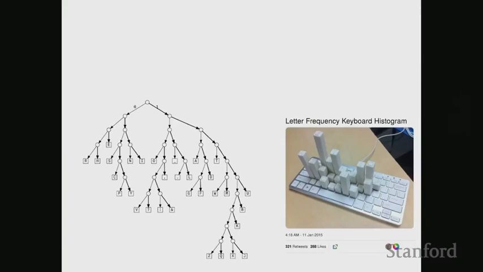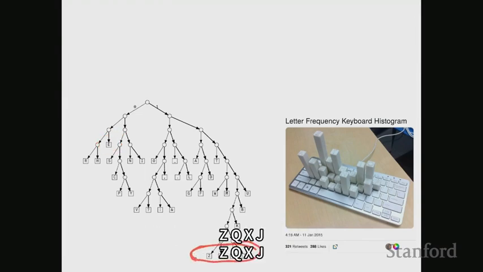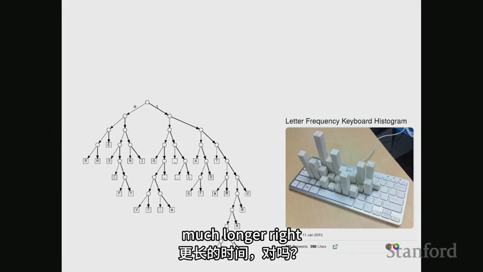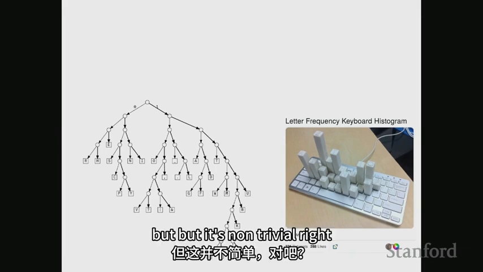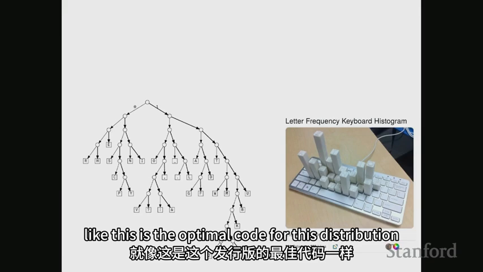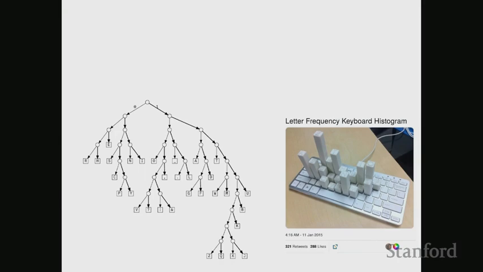Yeah, so E has a very short code word. Z, Q, X, J, the less commonly used letters in English, are much longer, right? But it's non-trivial, right? If you didn't know the algorithm, this is the optimal code for this distribution.